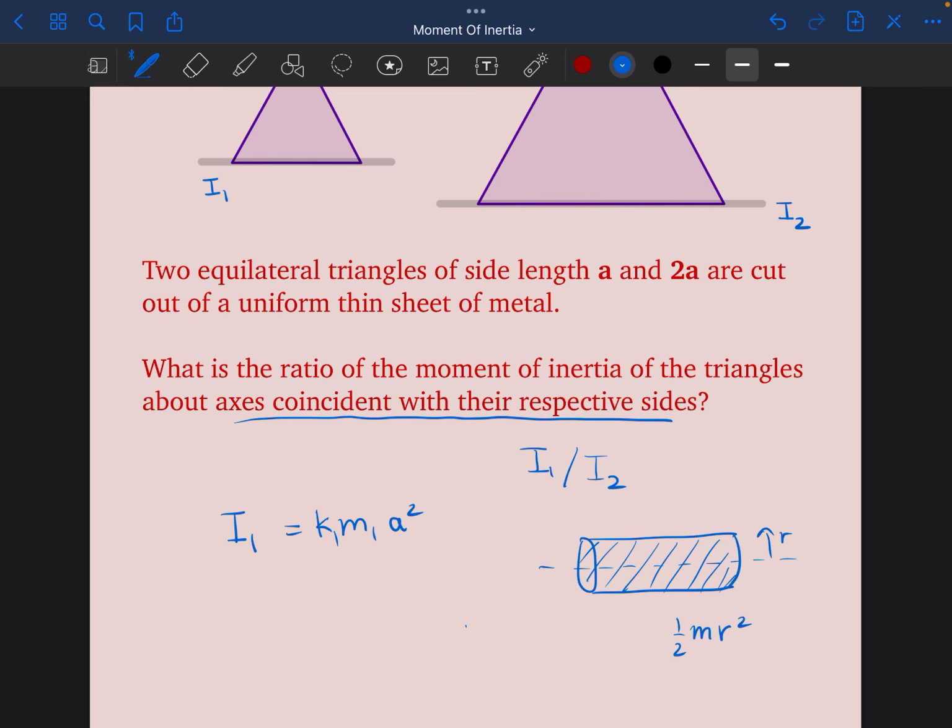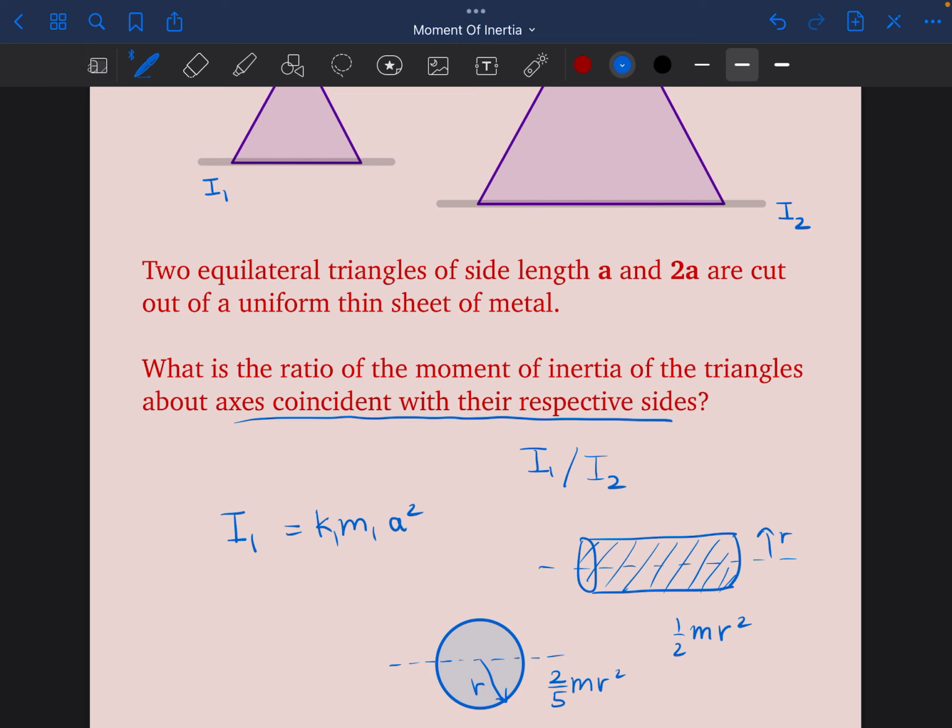If we have a solid sphere and want to find the moment of inertia about the diameter, the formula is 2 by 5 mr square if r is the radius, right?